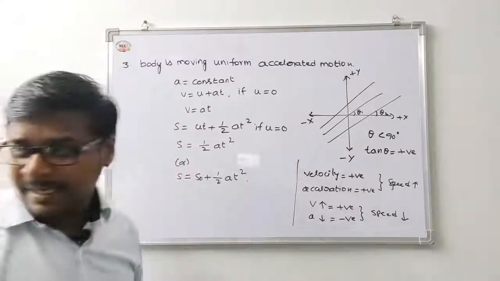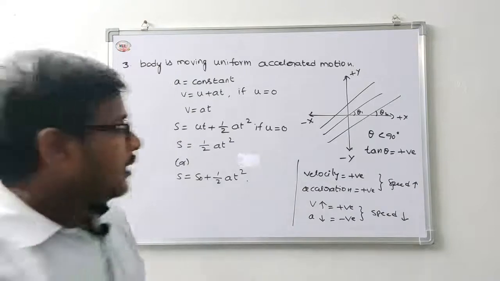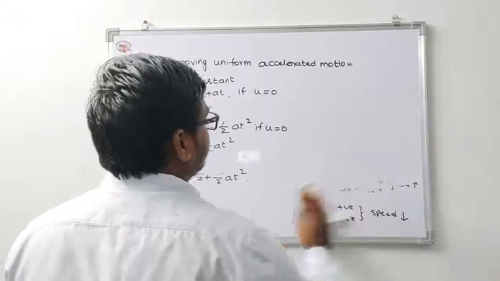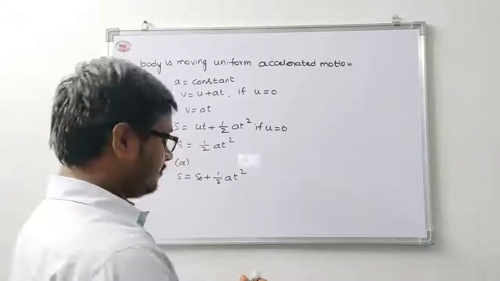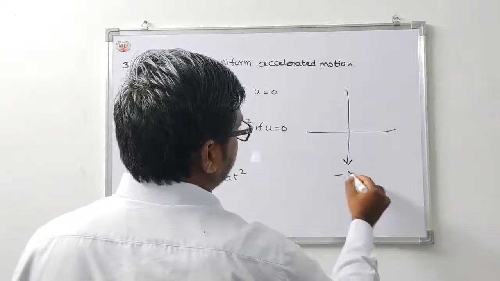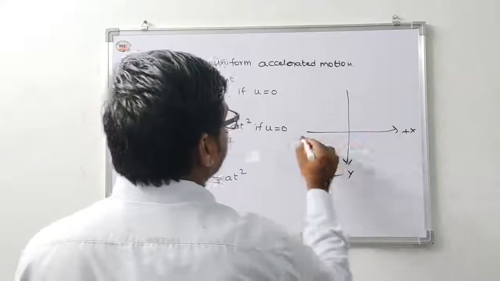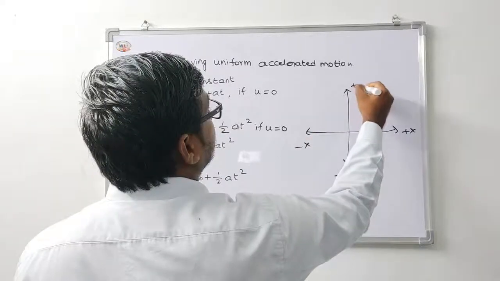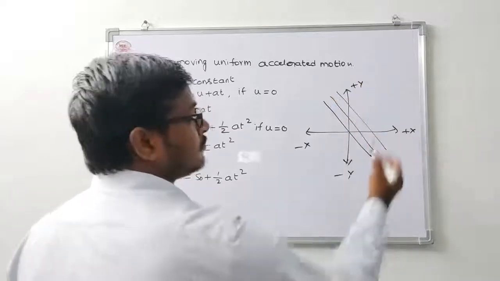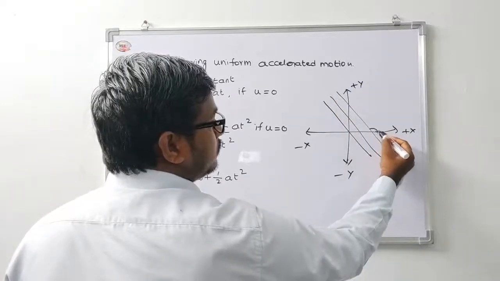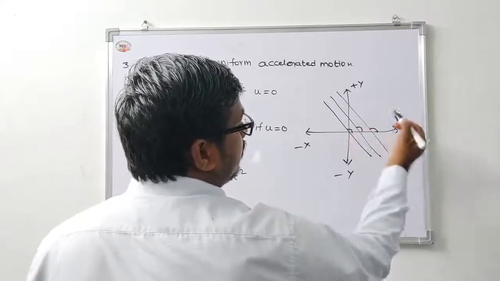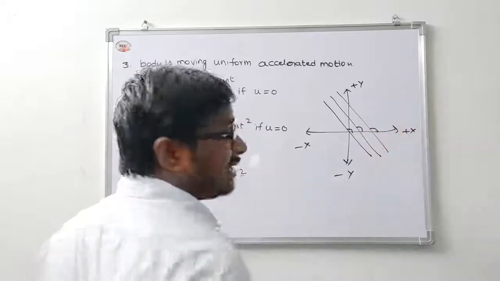In the obtuse angle case in this coordinate system, the obtuse angle is drawn in this way, and this angle is above 90 degrees.